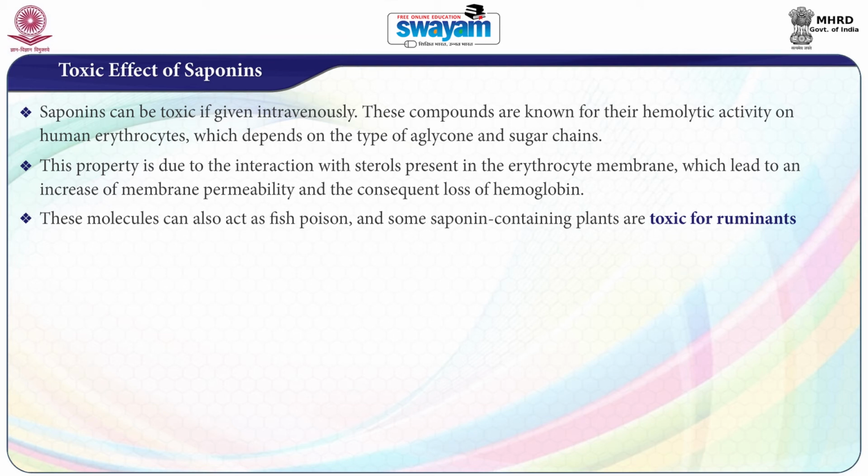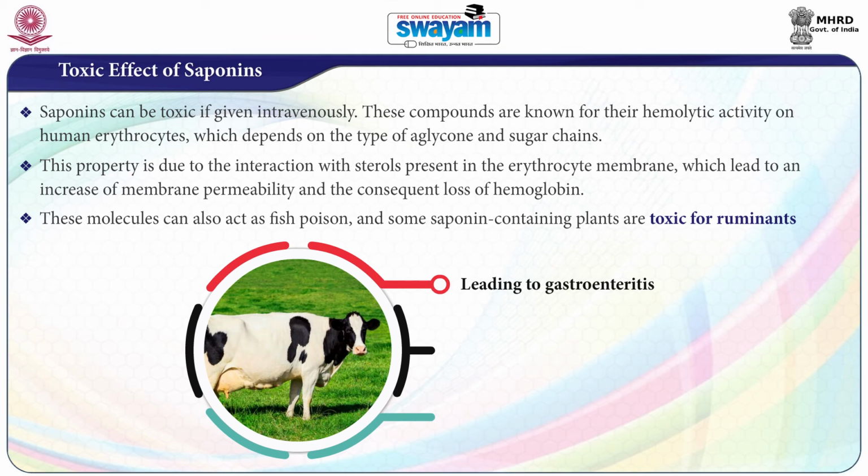These molecules also act as a fish poison, and some saponin-containing plants are toxic for ruminants, leading to gastroenteritis, diarrhea and even liver and kidney degeneration.